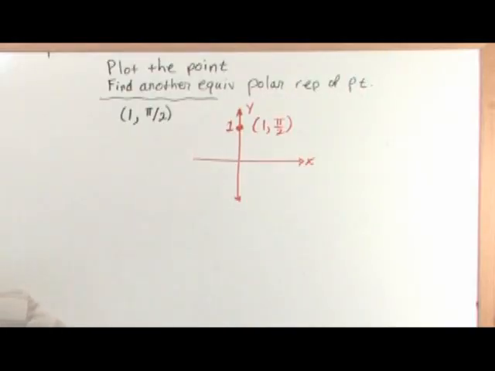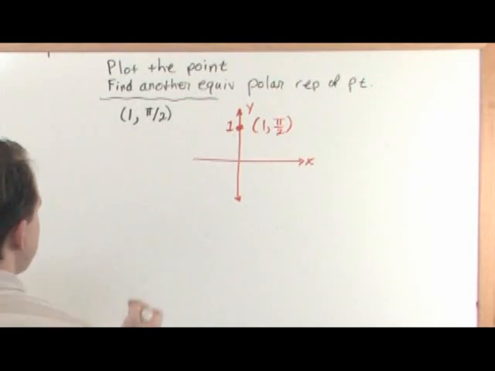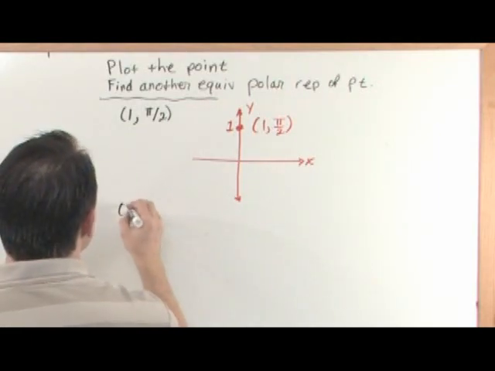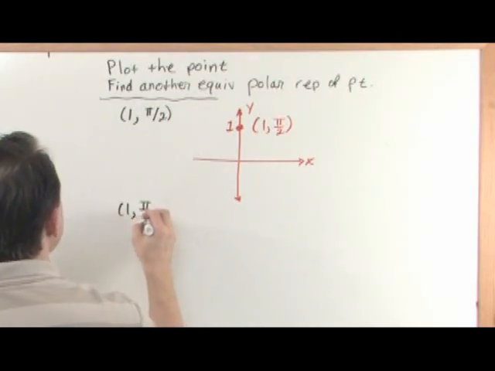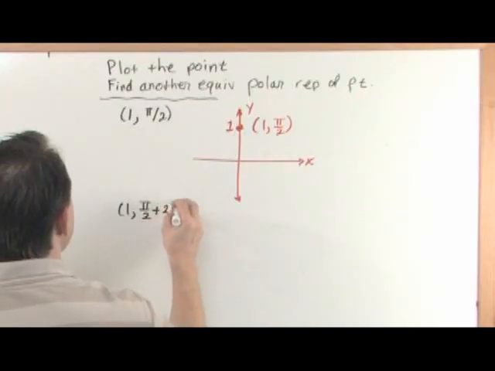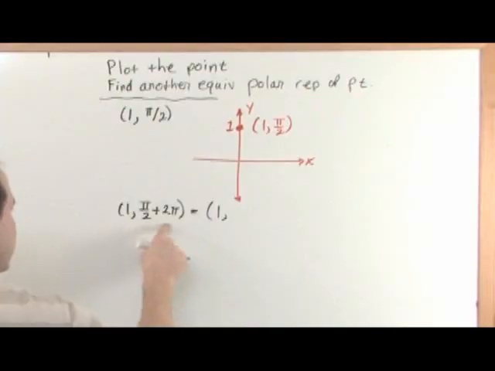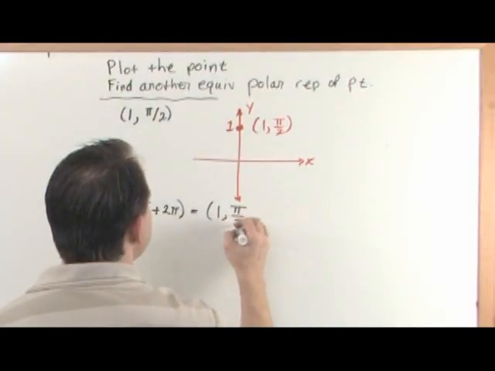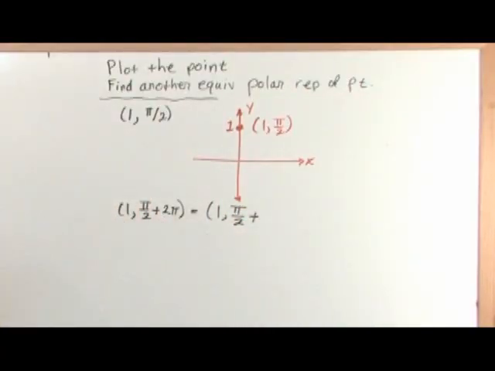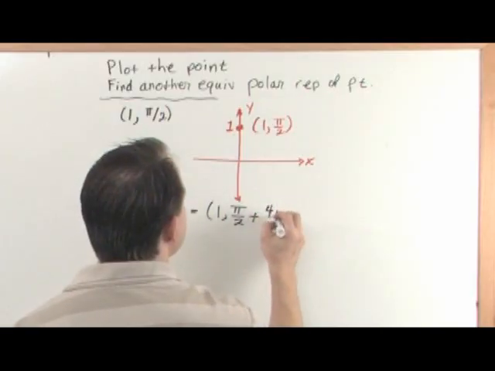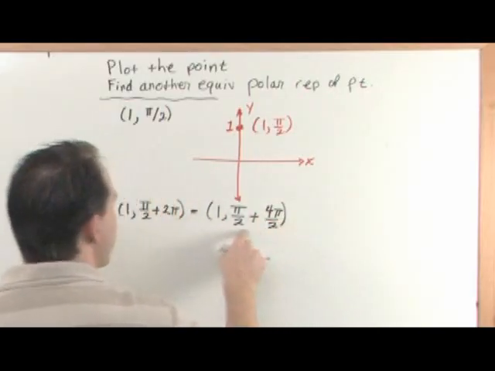Now if I wanted to find another representation of that, all I got to do is add 2 pi to that, right? Or I can subtract 2 pi. I can do lots of things, but I'm just going to go ahead and add 2 pi. So it would be 1 comma pi over 2 plus 2 pi. Let's add this up: pi over 2 plus, I'm going to write this in terms of 4 pi over 2 because I want to be able to add these fractions.